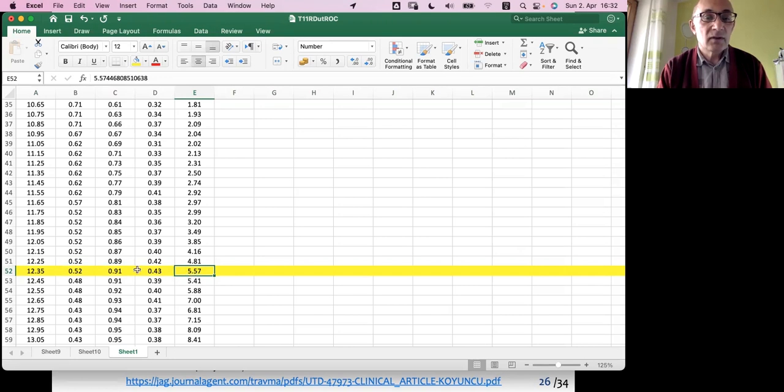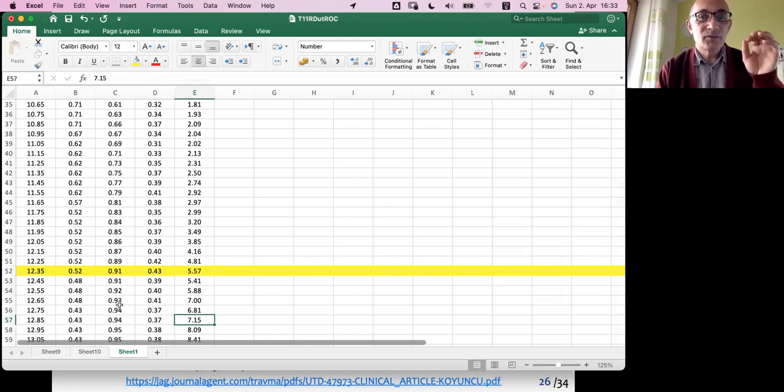This one gives us 5. But another issue here is that as you increase your threshold, your likelihood ratio keeps increasing. But for what? You have higher specificity, but you lose your sensitivity.